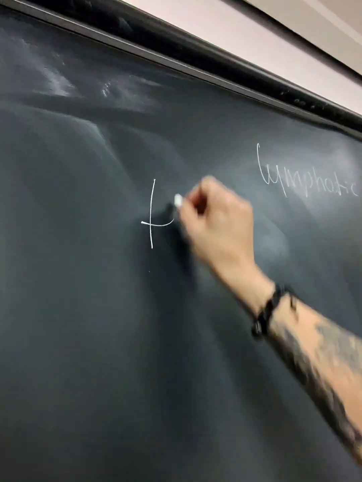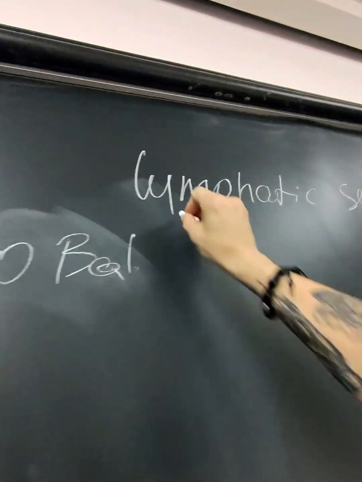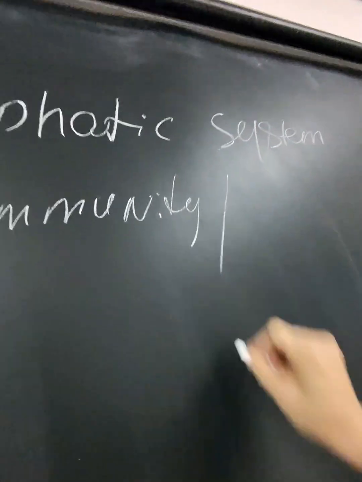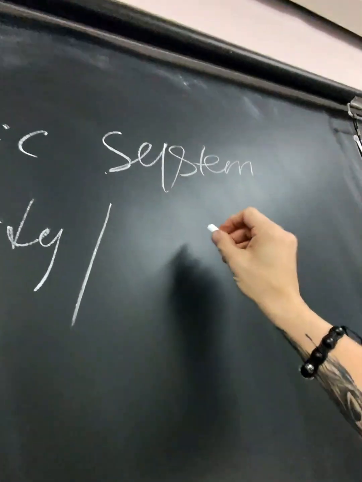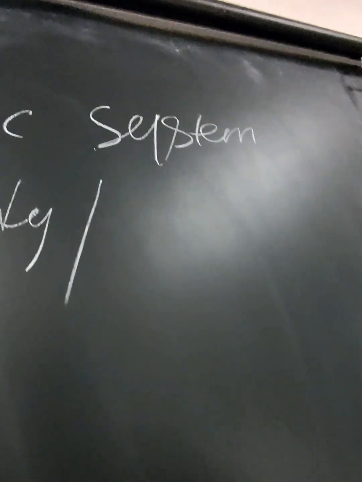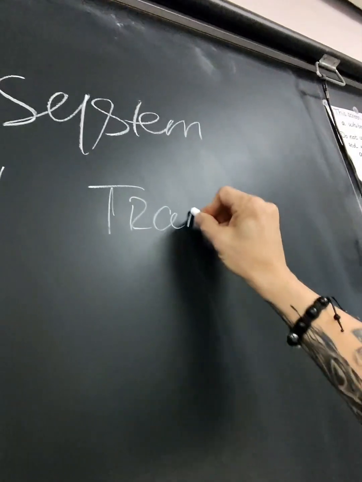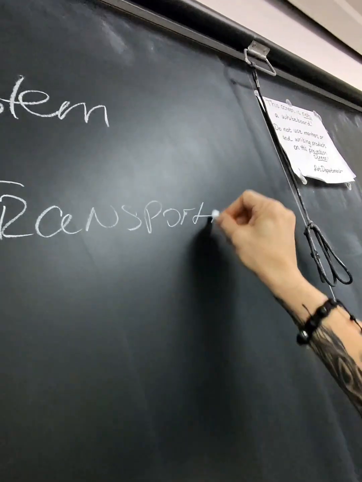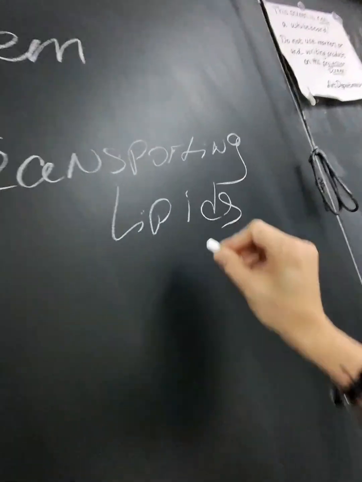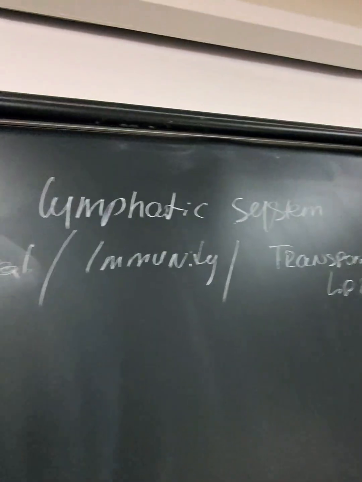One function is water balance, another function is immunity, that's a very important one, and another function is returning lipids to the circulation, not really absorbing but actually transporting lipids, right? But I want to quickly discuss water balance and immunity to some extent.